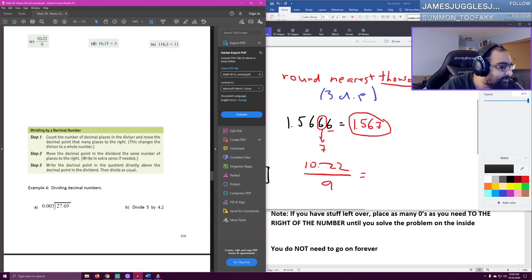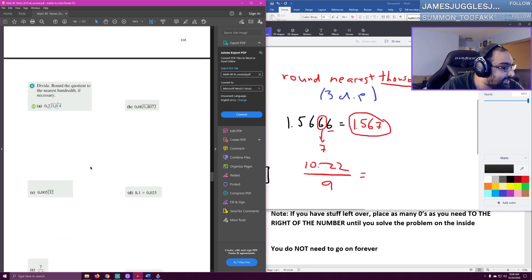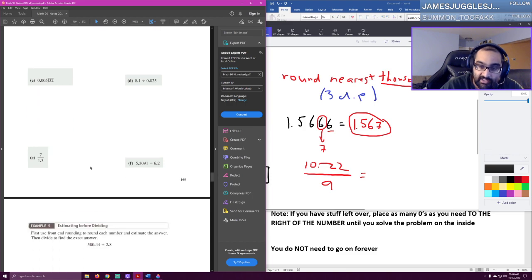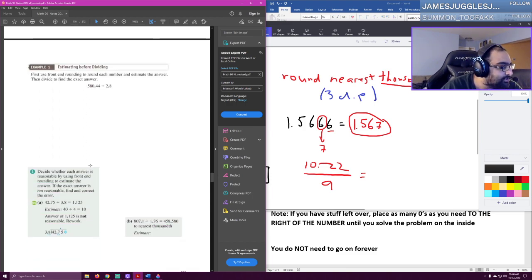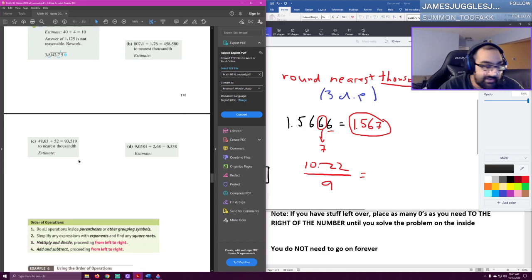Now, one other thing that we will need to talk about is what we're going to be doing next time. Next time, we're going to be dividing by decimals instead of just whole numbers. That's the latter half of this particular chapter. There's just a lot going on in this section, so we're going to spend a little bit of time going over a lot of these different types of problems.